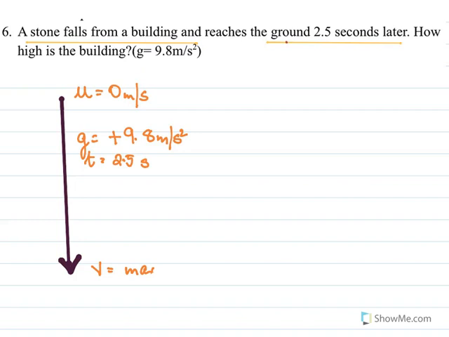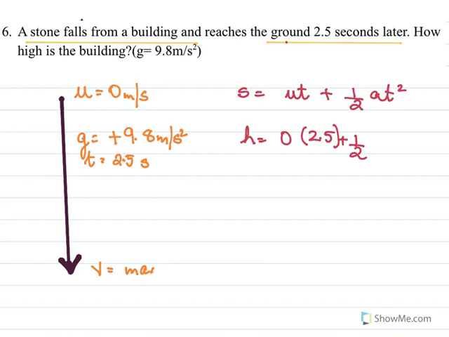So here we will use the formula S equal to UT plus half AT square. So the S is the height, u we know is 0, initial velocity here is 0, time is 2.5, half. The acceleration due to gravity, the a is now taken as g, and that would be 9.8, t square, 2.5 square.